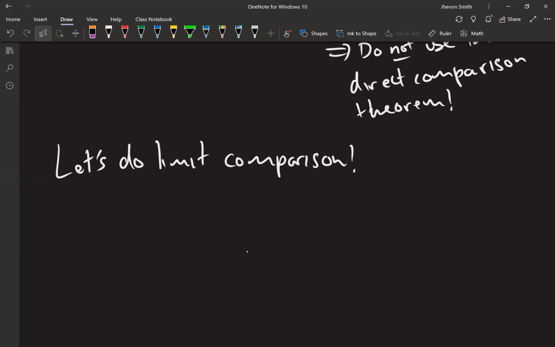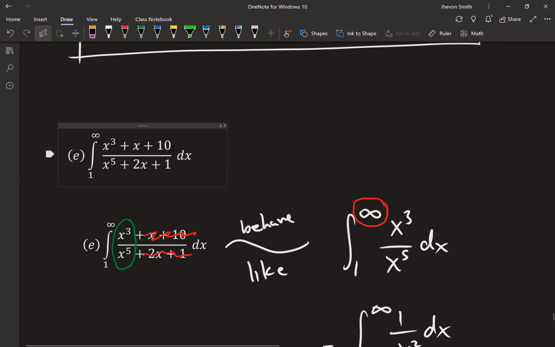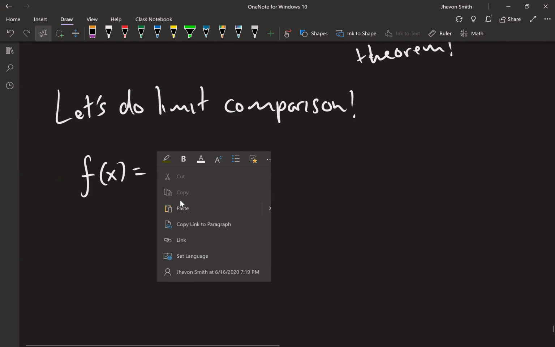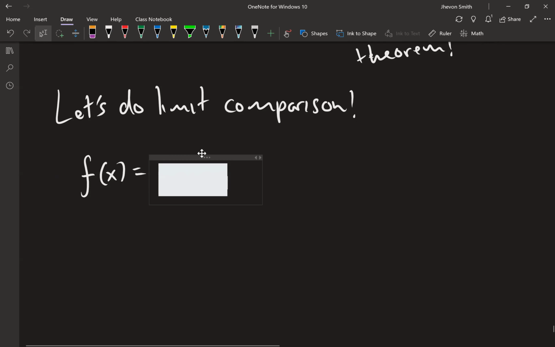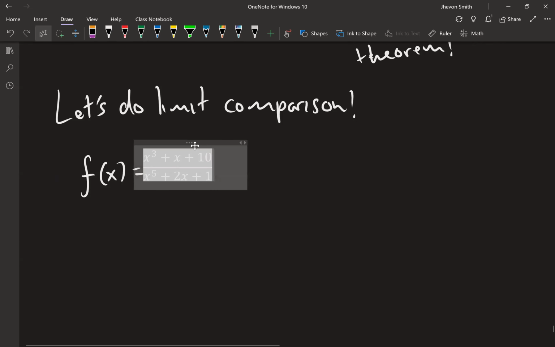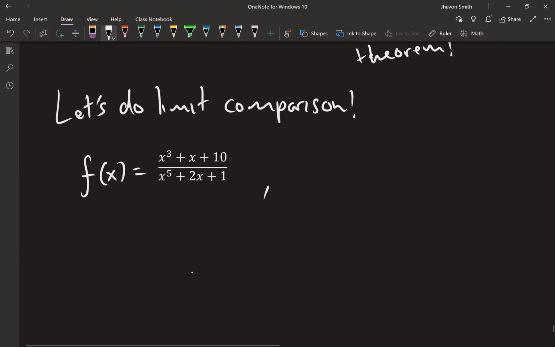So if I look at my f of x as, let's say the original guy, this guy. And let's say my g of x is the other guy I want to compare to, the 1 over x squared.